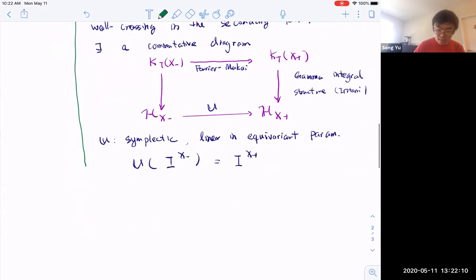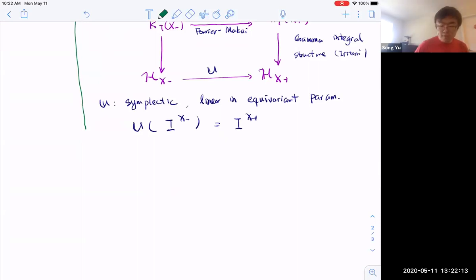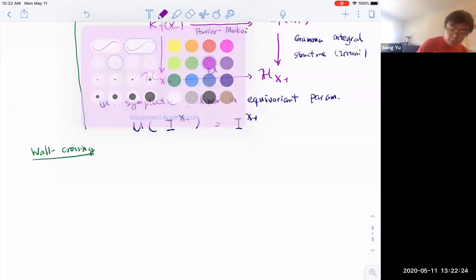Okay, so that's this. And let me talk a little bit more about the meaning of wall crossing in the toric case. So the picture is like this.